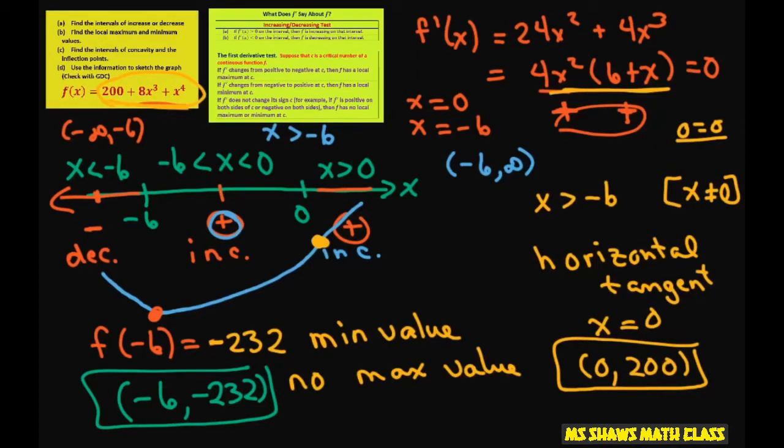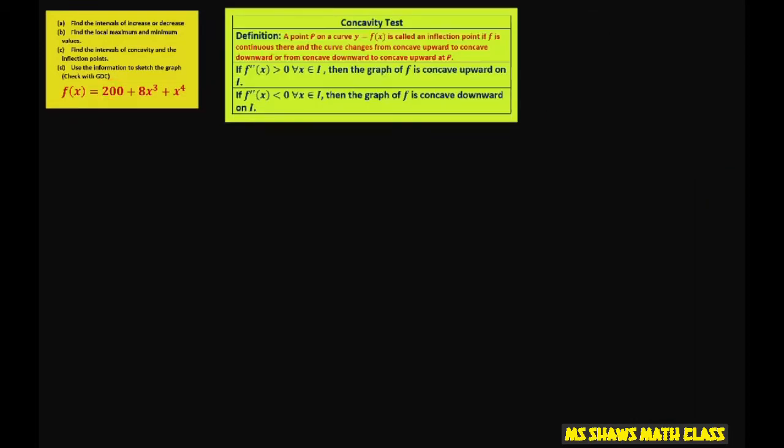Now we're going to take the second derivative. I'm going to go ahead and do it on this. The second derivative would be f double prime of x equals 48x plus 12x squared. So I just wanted to do that so I don't have to copy that again. So let me write it on here.